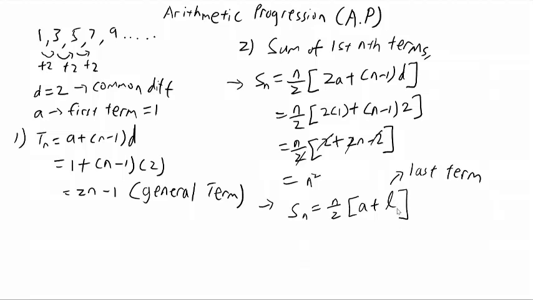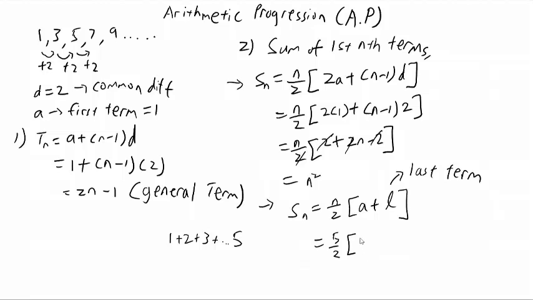This formula is very useful when you are given the last term of the sequence. For example, if you want to add up 1 plus 2 plus 3 all the way until, let's say, 5, you know the first term and the last term, so you can simply substitute into the formula. Here n is the number of terms, and there are 5 terms, so you get 5 over 2.